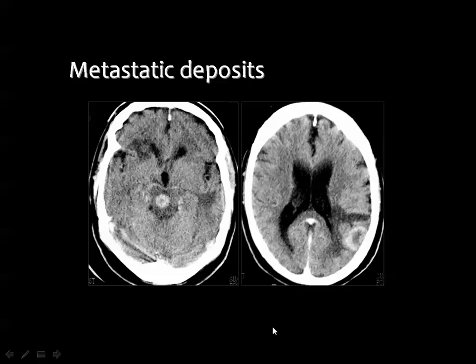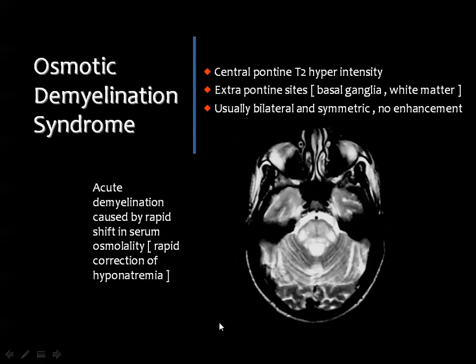Brainstem metastasis can also occur, showing the same criteria as metastasis in the cerebellum and supratentorial metastasis. Metastases are diagnosed by multiplicity, by the considerable perifocal brain edema around the lesions, and by the known history of primary malignancy. And then we come to a lesion which affects the brainstem, known as osmotic demyelination syndrome.